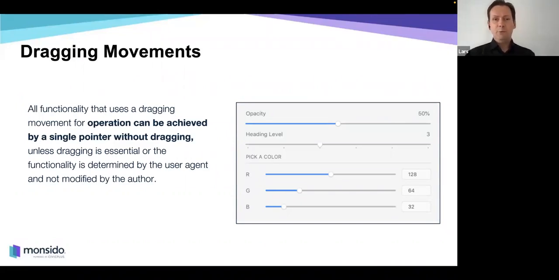What we mean by dragging movements is when you are, for example, using your mouse to click somewhere, drag a slider and release. In the picture here, we have some kind of color picker with different sliders to adjust the colors. There's some RGB.